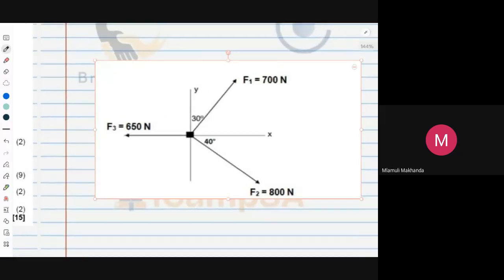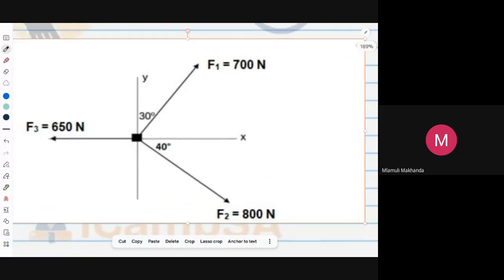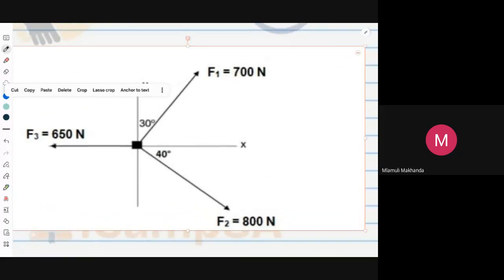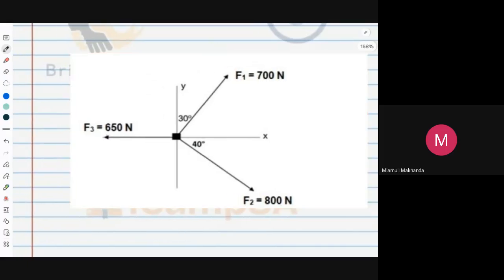Right. So here's what happens. Remember, every 2D vector has to have components. It has to have x and y components. Luckily for you, they even gave you a Cartesian plane, so you can place these x and y components nicely. So here's how you do it. Let's start with F1. Every y component, I'll give it a red color, irrespective of whether it belongs to F1, F2, or F3.